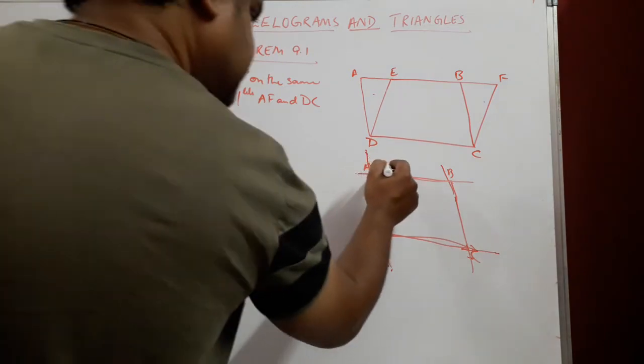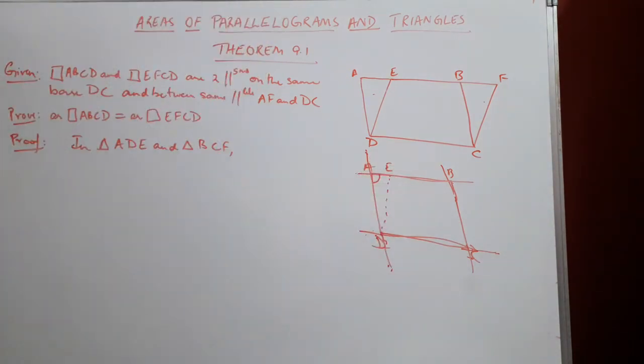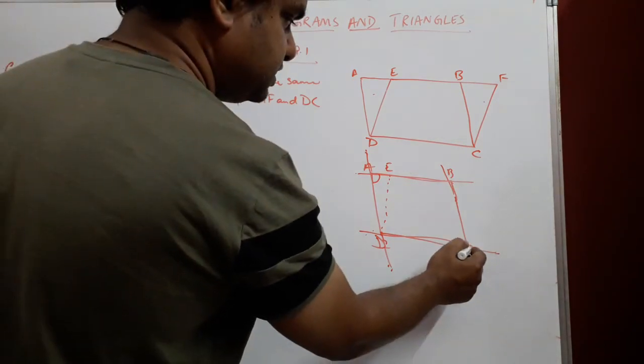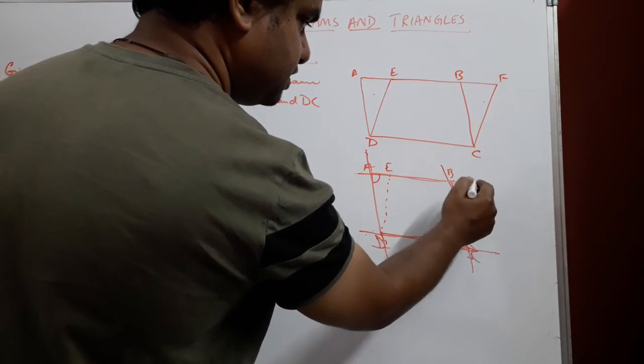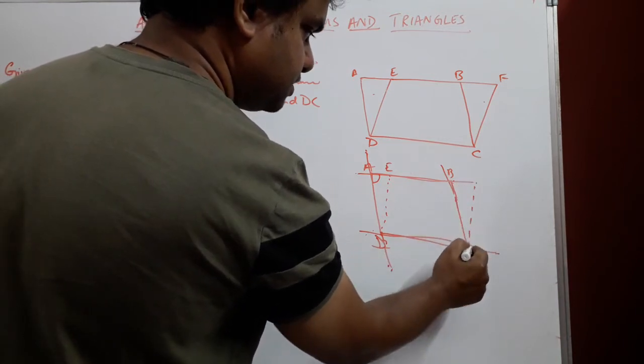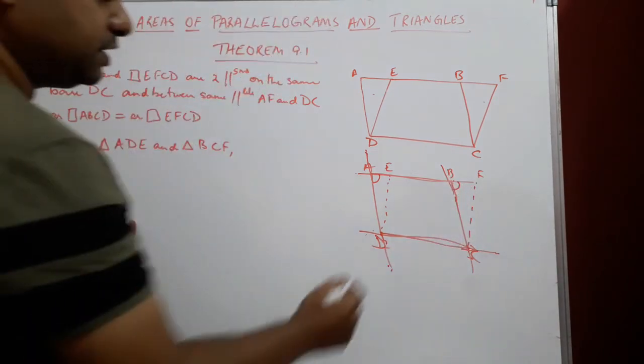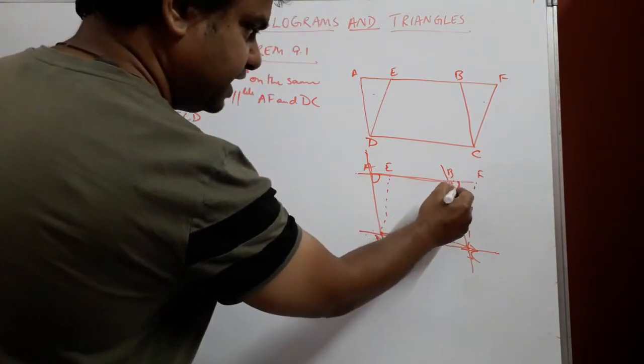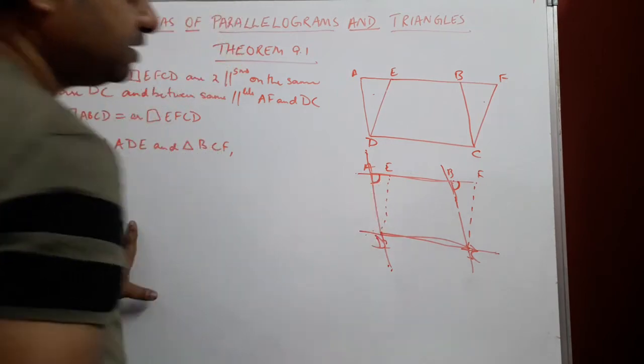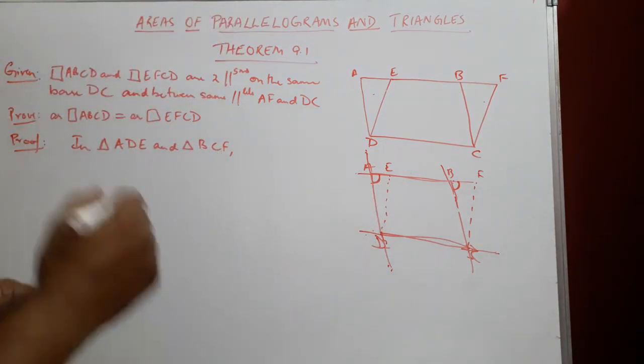So there's E over here for you. This angle will be equal to CBF. Where is your CB, and F is somewhere over here. So what I want you to focus on is just this angle and this angle. These two angles are equal to each other.